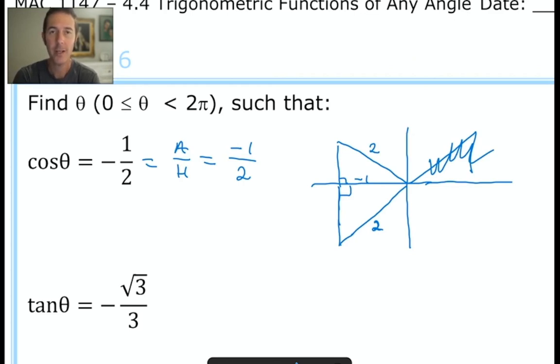That, therefore, is for sure a 30, 60, 90 triangle. There's no other way to have a right triangle with a hypotenuse of 2 and a leg of 1 and not have it be a 30, 60, 90 triangle.